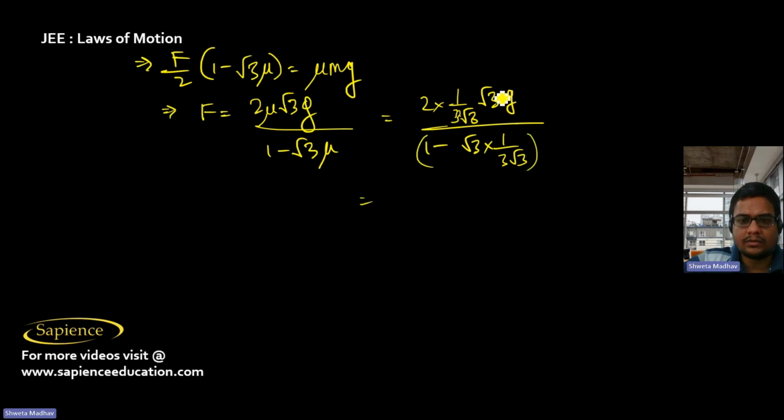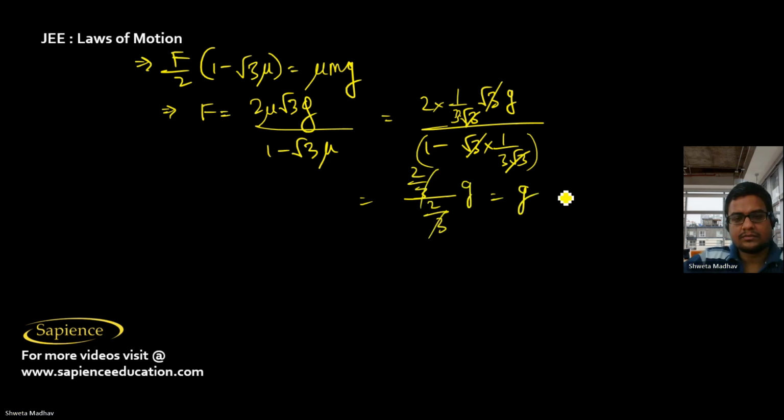So root 3, root 3 will cancel. So this is 2 by 3 by 1 minus 1 by 3, that is also 2 by 3. So into g, that is equal to g only.